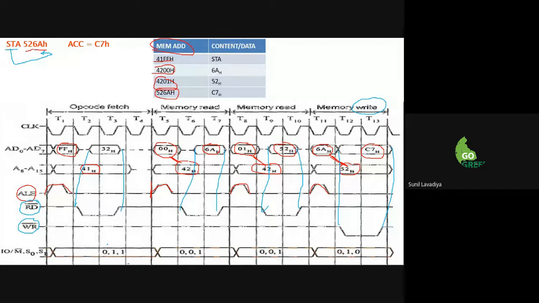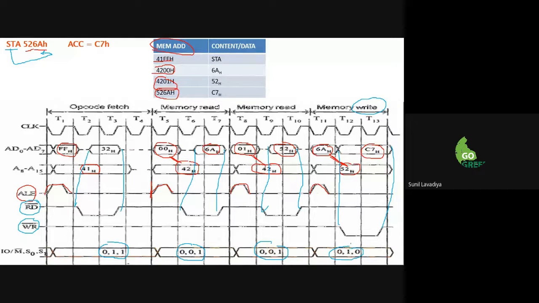Obviously it's related to the IO part, so it's 0. Then opcode fetch, so it's 1, 1. Then in the next cycle it's 0 for the memory part and 0, 1 because it's related to the read part. Again in the third machine cycle it's related to the memory read part, so it's 0, 0, 1. And again in the last machine cycle it's 0, 1, 0.